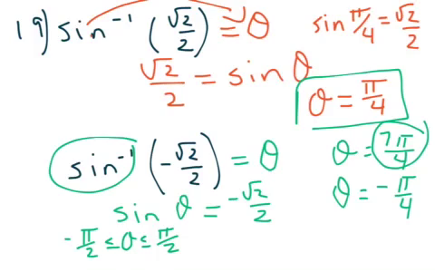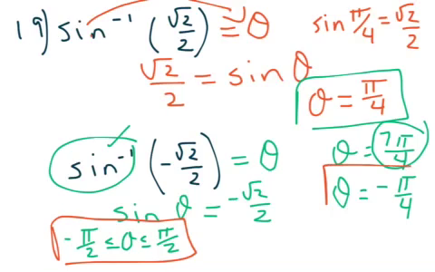So when you're dealing with inverses, it's very important to consider the restrictions on inverse functions. That's why you need to watch the video before this one, on the restrictions of the domain. So theta equals negative pi over 4. And we'll talk about this in class more.